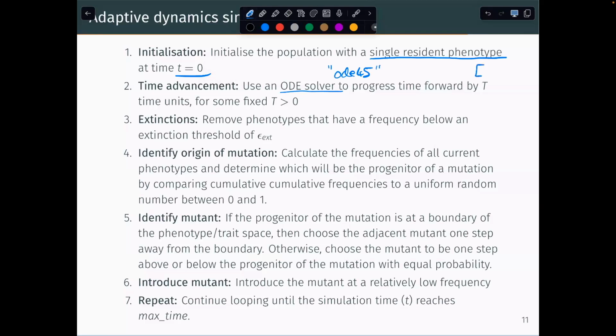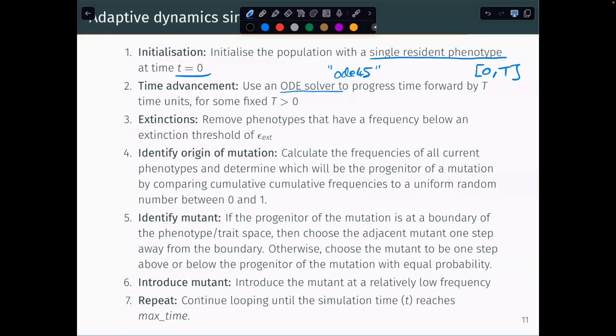In other words, you're solving it between 0 and time T. And we're going to fix this capital T, so this isn't varying at all during our simulations. After we've done that, that just gives you some output from your ODE solver: what are the current population densities of each of your phenotypes?